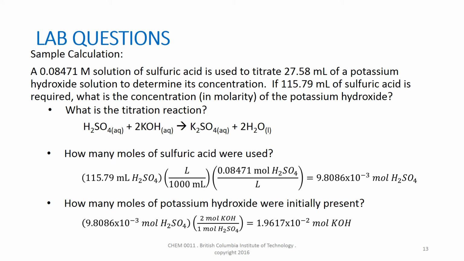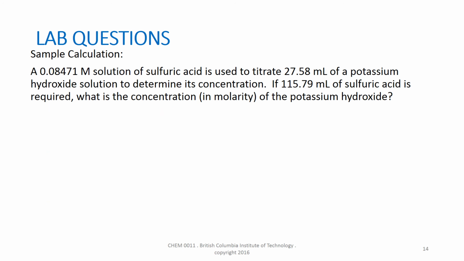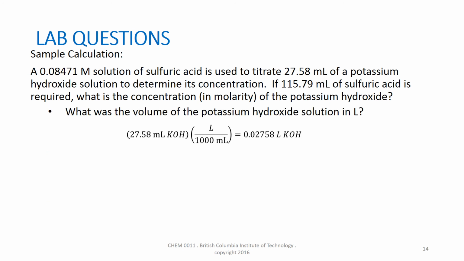Using the mole ratio from the balanced titration reaction, the moles of potassium hydroxide initially present is found to be 0.019617 moles. Since there are 1,000 milliliters in 1 liter, 27.58 milliliters of potassium hydroxide solution is equal to 0.02758 liters of solution.